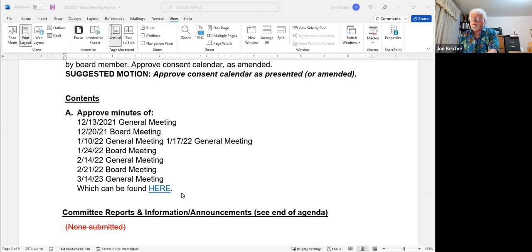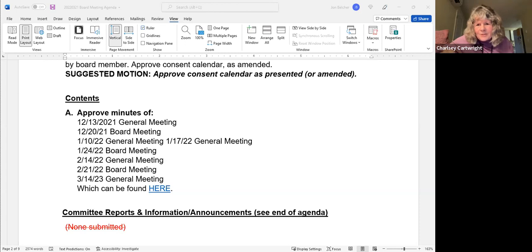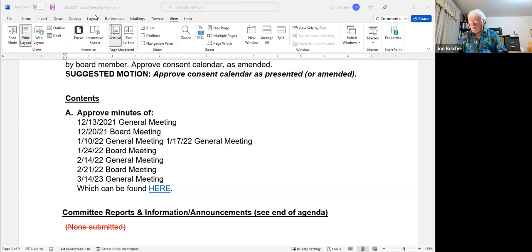So does anyone wish to remove something from the consent calendar? Starting, Charles? I'm not sure if it requires removal. There are 2 sets of minutes with minor typos in them, and I just want to call that to someone's attention. Okay, so, would you like to remove them for now and we'll pick them up later?